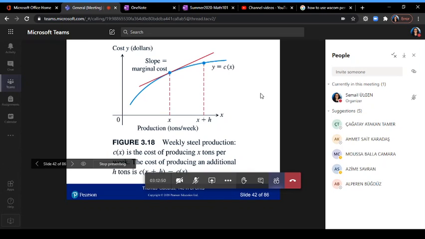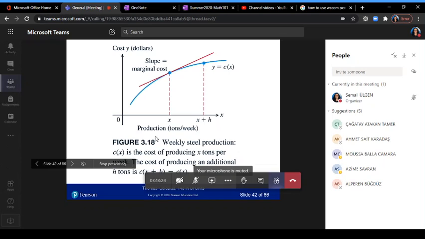Alright, so this is about steel production. They produce steel weekly, and this graph has an x-axis and a y-axis. The x-axis shows the production, how many tons per week.